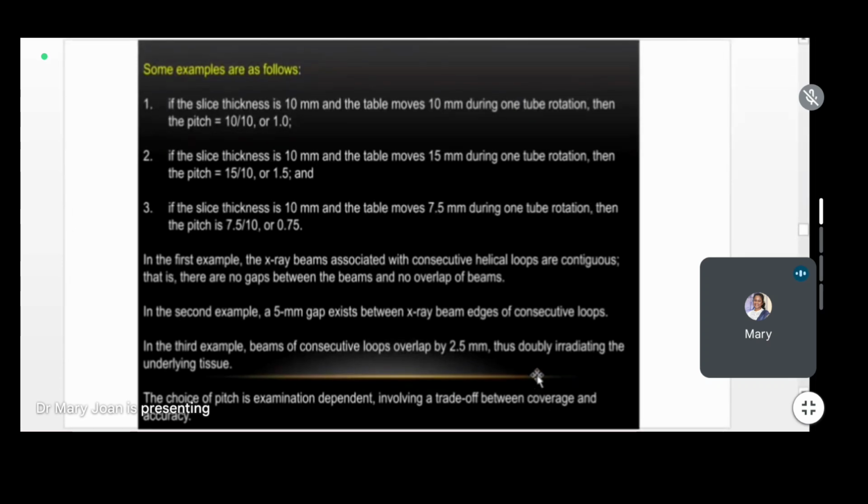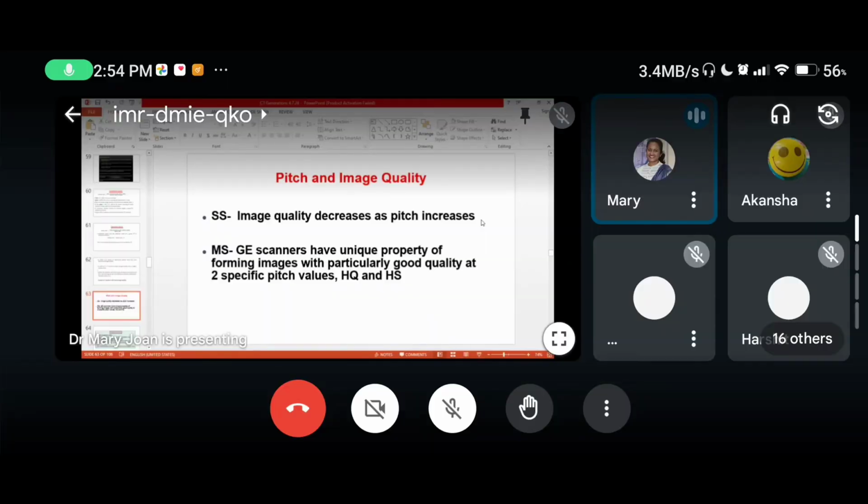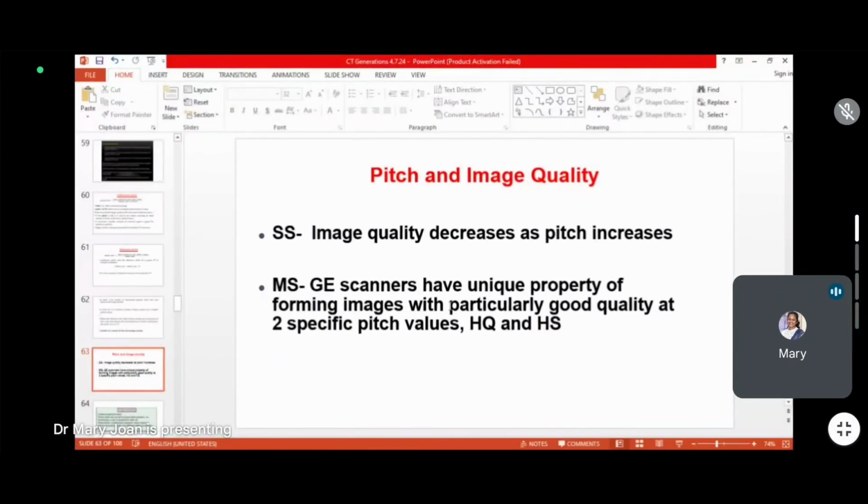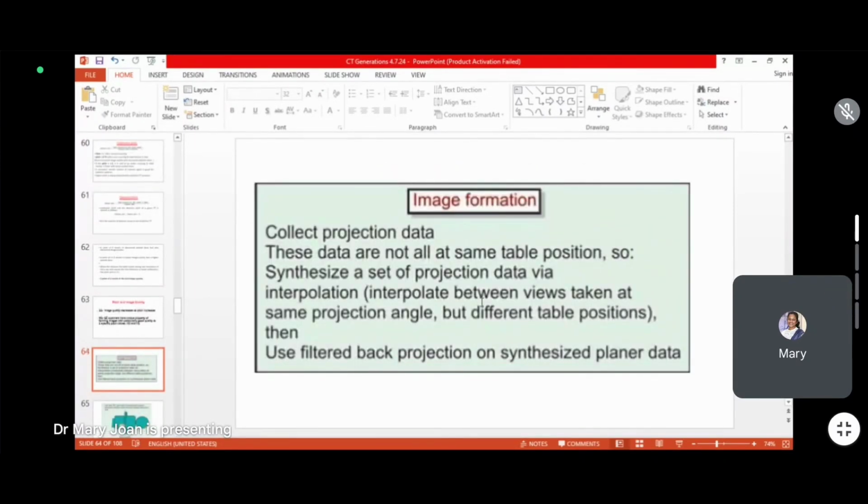Helical scanners have the unique property of forming images with particularly good quality at two specific pitch values. Image formation includes the collection of projection data. These data are not all at the same table position.